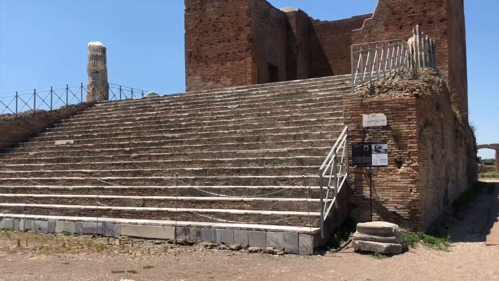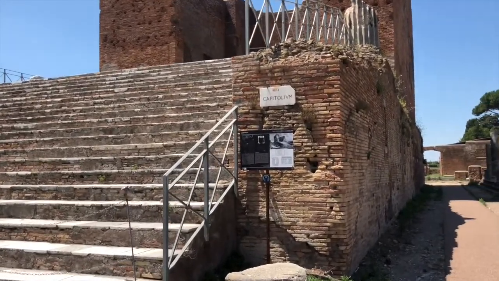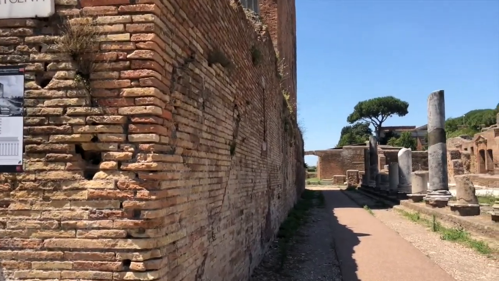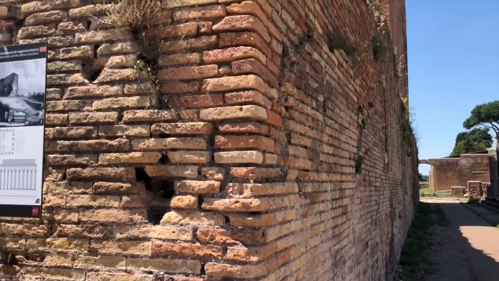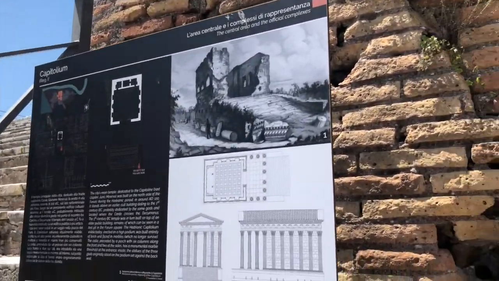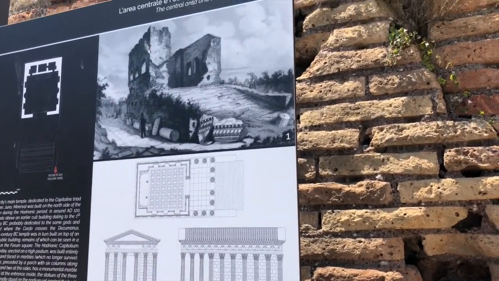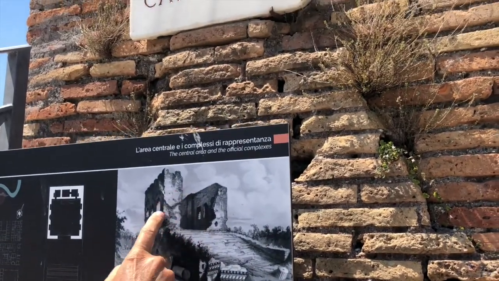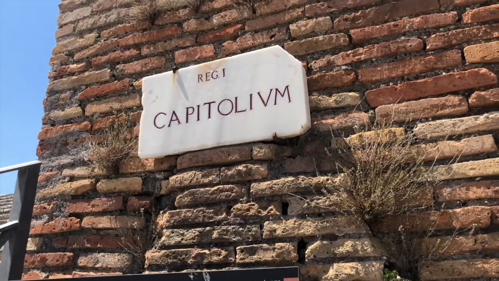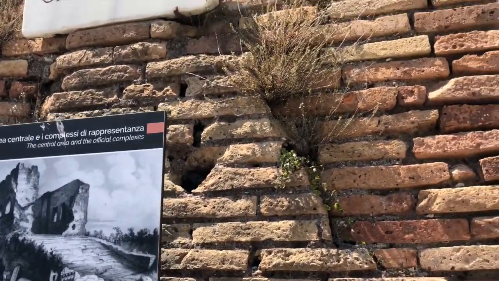And here we are by the Capitolium. And now you can see the idea how big it used to be. And these are the remains that we have today left. They're going back to the time of Hadrian, so 2nd century after Christ.